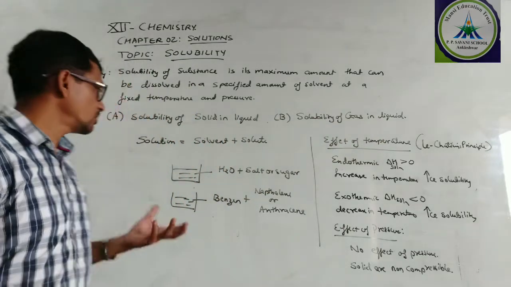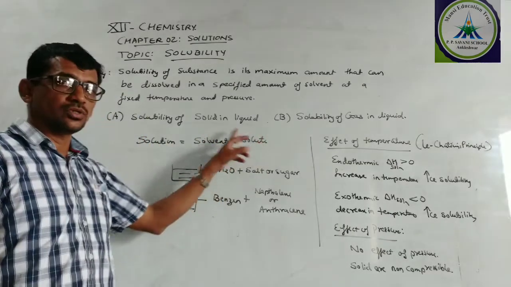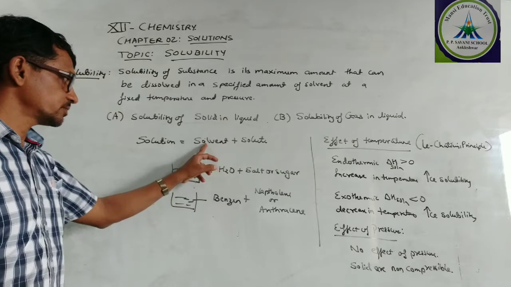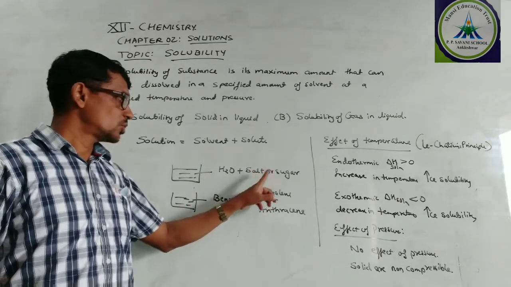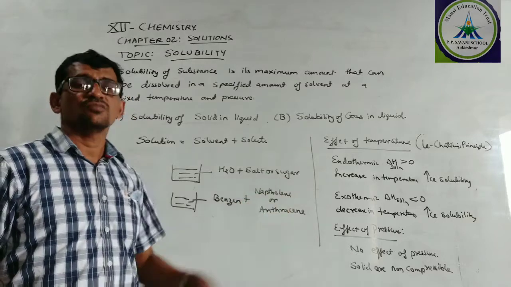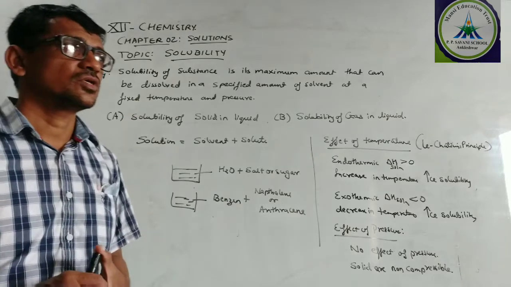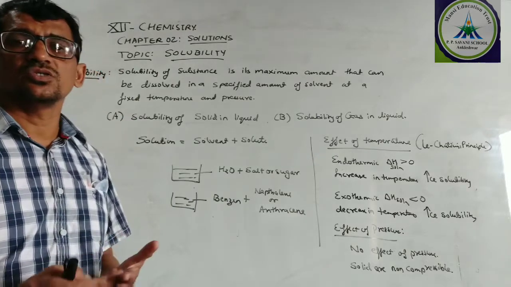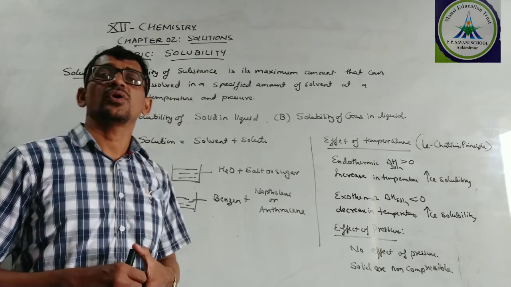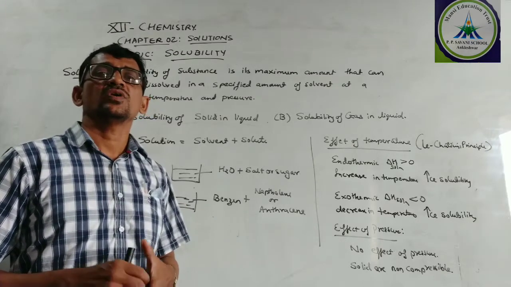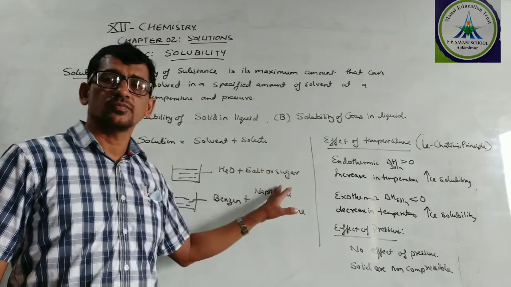We take the example: a solution is prepared by dissolving solute in solvent. You take water and add salt or sugar. If you add 1 or 2 grams, it will dissolve on the spot. Then as you add more, at a certain point we cannot dissolve more salt or sugar.